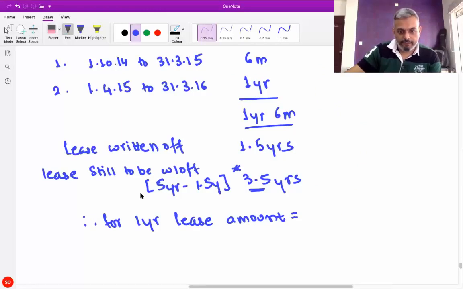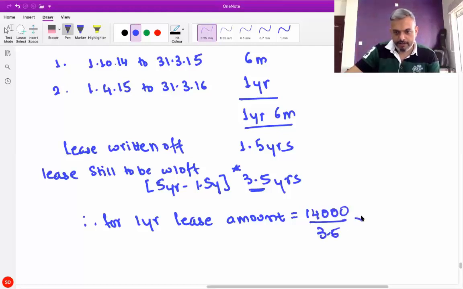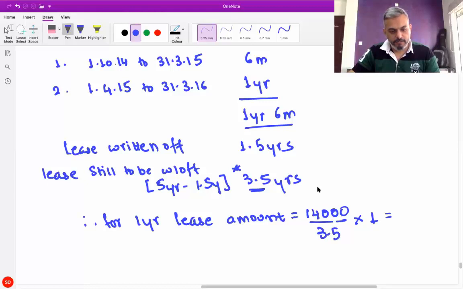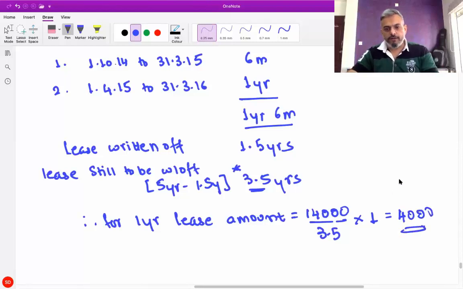Okay, so for 1 year lease amount will be 14,000 divided by 3.5 into 1, which is equal to, calculate karo, 14,000 divided by 3.5. Yes, now it is 4,000. It comes to 4,000. So 4,000 is to be written off.